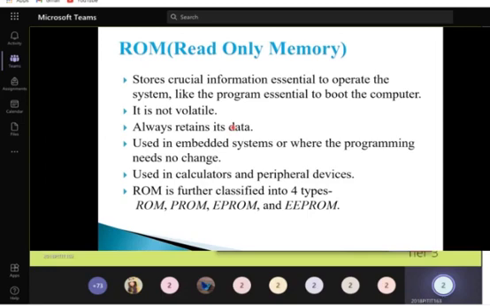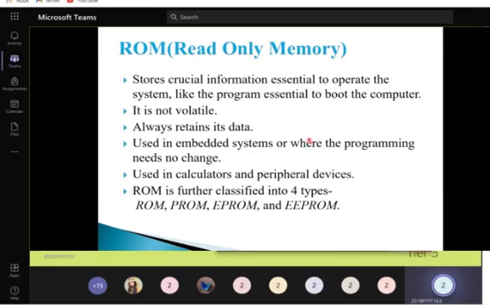That is only because of this booting. For this booting, I need some permanent storage. It should be stored in some place. That place we call ROM.